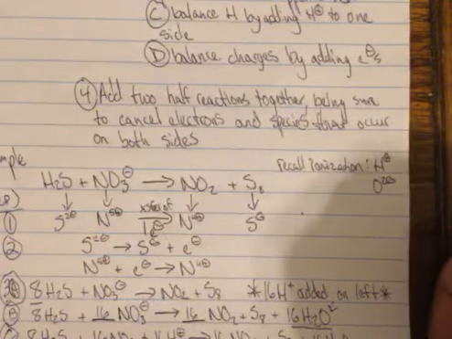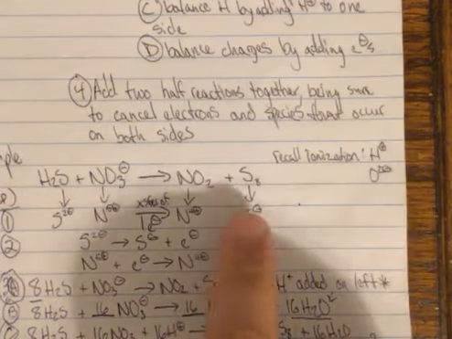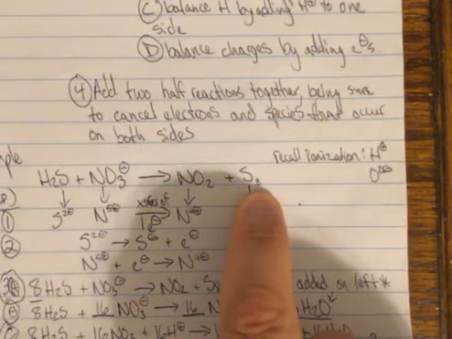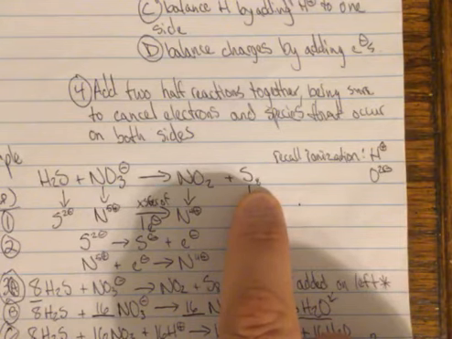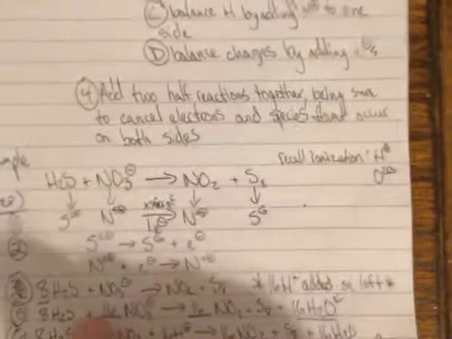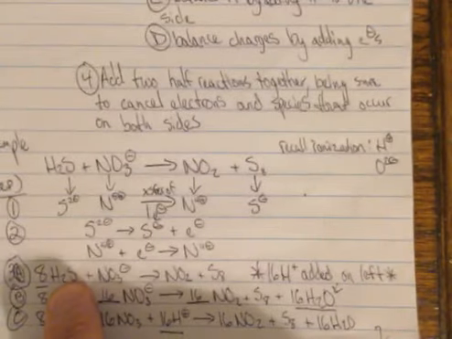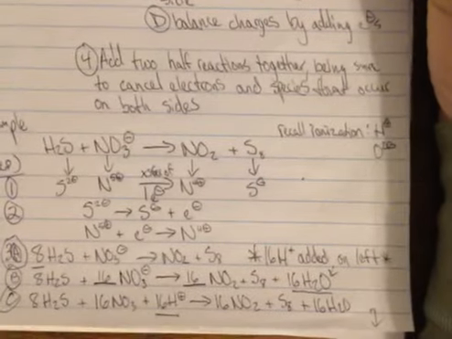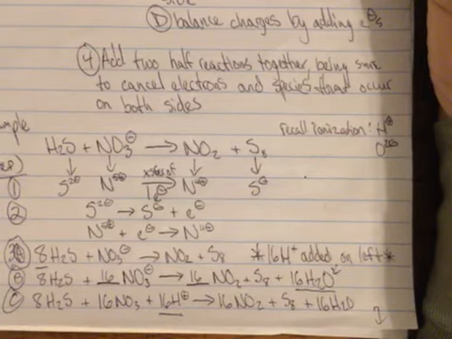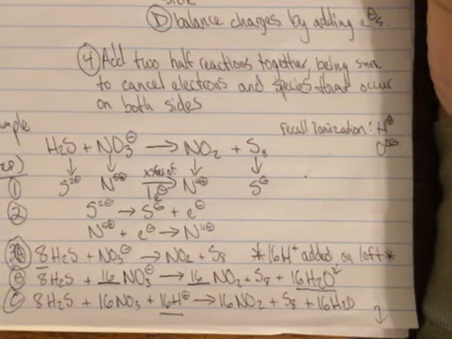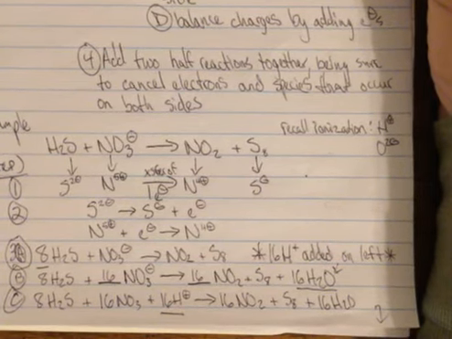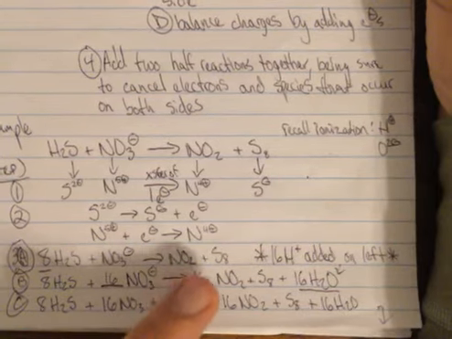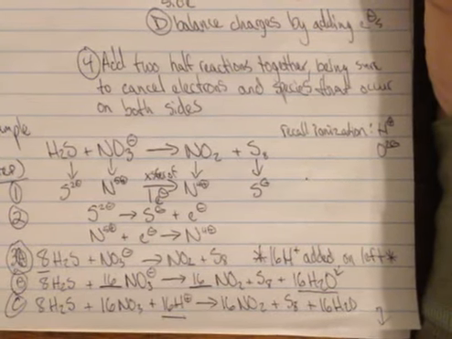Okay, so first thing we want to do, since we have 8 sulfur equivalents on the product side, we need to equate that on the reactant side. So in other words, we're going to put that 8 coefficient right there. Okay, so 8 equivalents of H2S plus NO3 minus is going to give you NO2 and then S8.